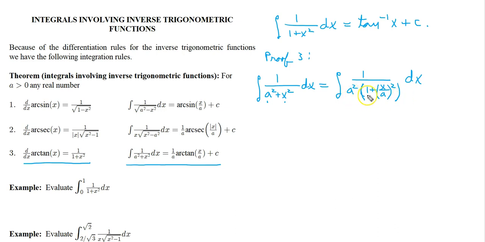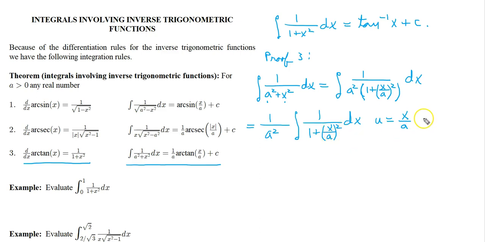Notice if I multiplied the a squared back inside, we would recover this again. So that's all I did. Now I'm going to move that a squared outside the integral, and we get this, and now I'm going to use a substitution. Let's let u equal this term right here, the x over a.